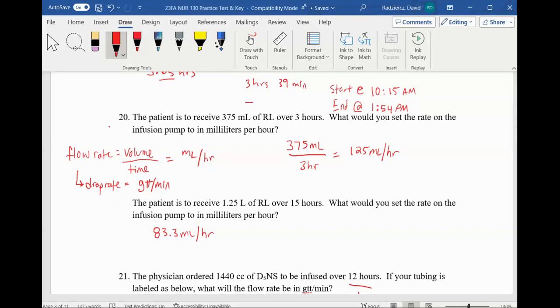Basically, we take 1,250 milliliters divided by 15, and then you get 83.3333333. In reality, because I had this conversation earlier today, you're probably going to program 83 milliliters per hour in the infusion pump in an actual clinical setting.